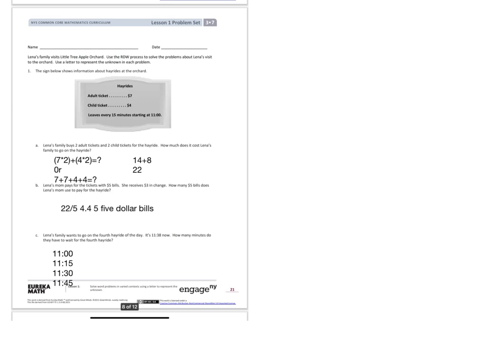So the first hayride leaves at 11 o'clock, the second one leaves at 11:15, the third one leaves at 11:30, and the fourth one leaves at 11:45. So if it is already 11:38, they will have to wait 7 minutes for the 11:45 hayride or the 4th hayride.